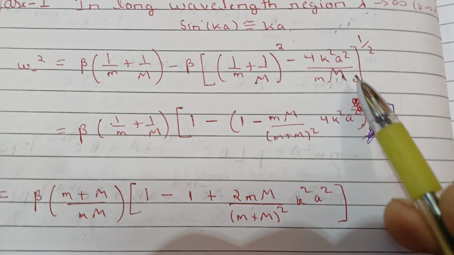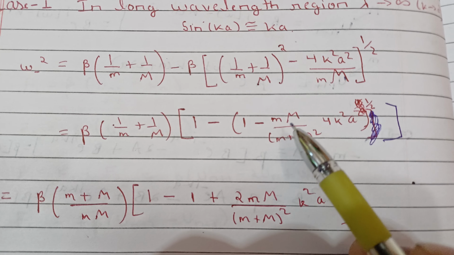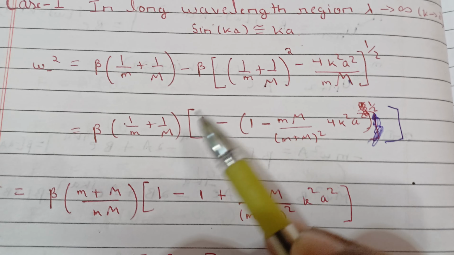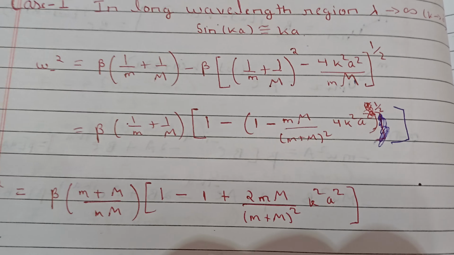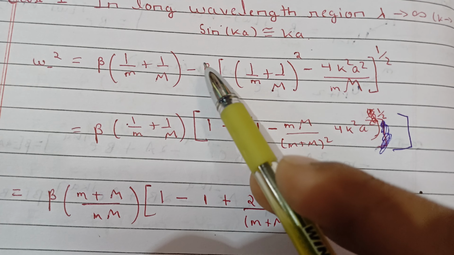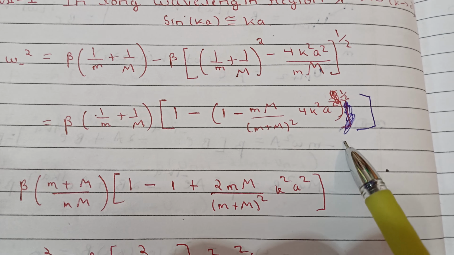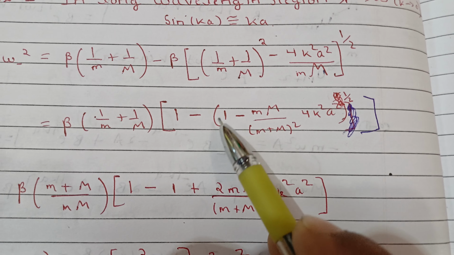So it's just mathematics, you can solve this. Take this common first, then take beta (1/m + 1/M) common, then you will get something like this under the root.